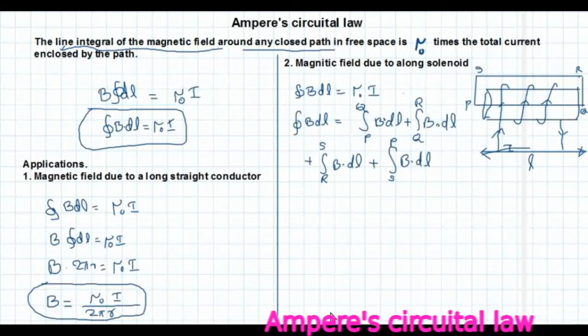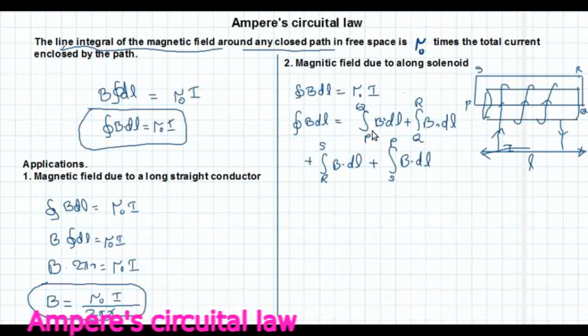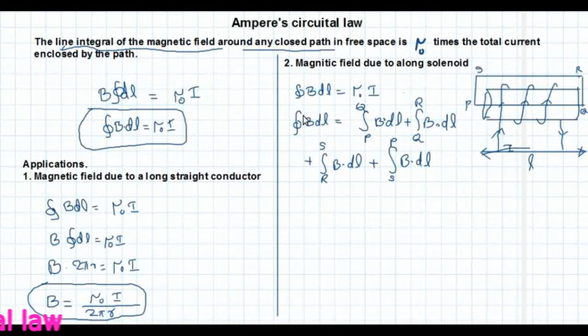So this way we can rewrite closed integral B dl, that is integral B dl from P to Q. Here this is not a closed path. This is the integration from P to Q, from the point P to Q. So P to Q is not a closed path, and that is why there is no circle given here. This is a simple integration.